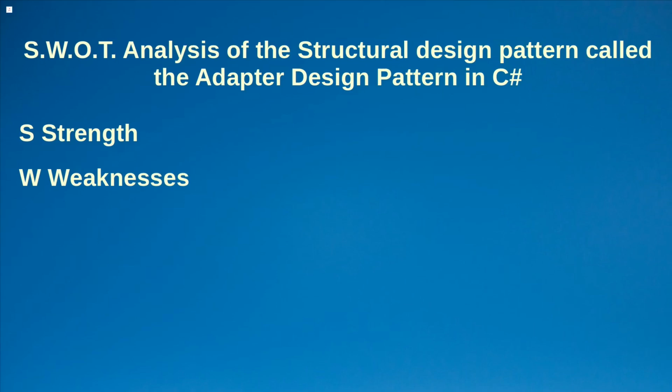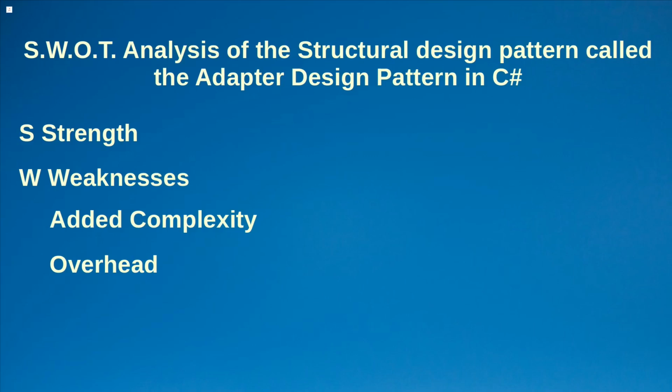W. Weaknesses. Added complexity. Adds complexity when adapting simple interfaces, especially for small projects. Overhead. Runtime overhead may occur due to additional layers of indirection. Dependency risk. Over-reliance on adapters can lead to fragile dependencies in dynamic environments.